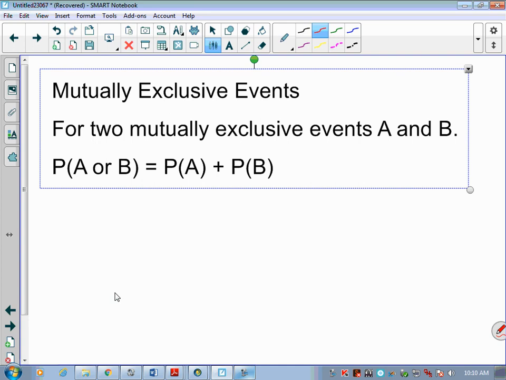And then on the back page, on page 428, we talk about the probability of independent events.